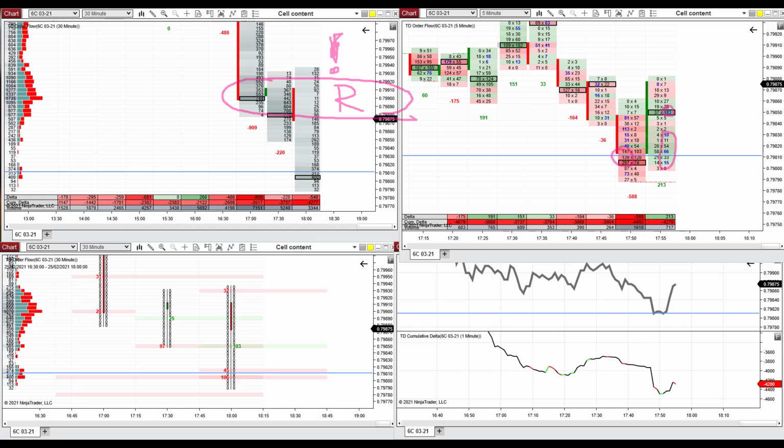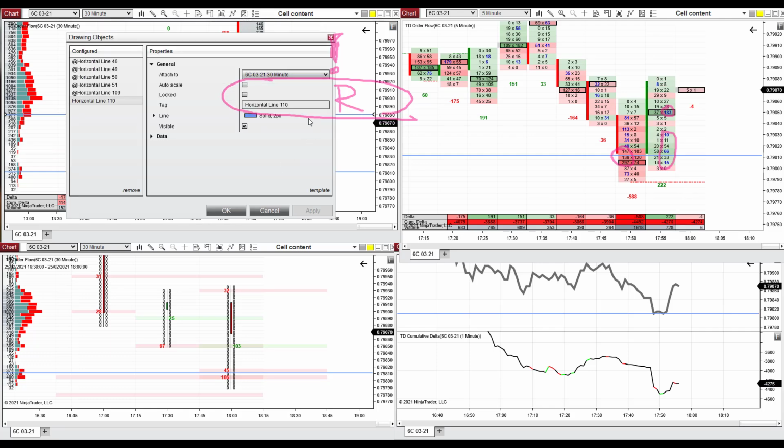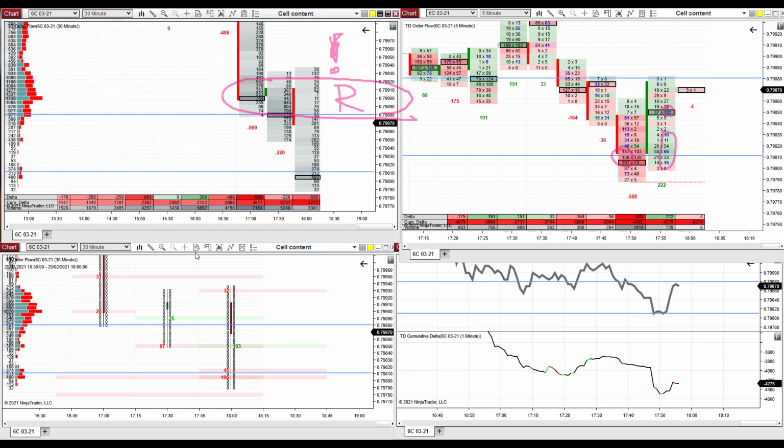All right, let's wait one more tick and just take the profit, because in here is where it becomes risky. All right, I'm out. 79.88.